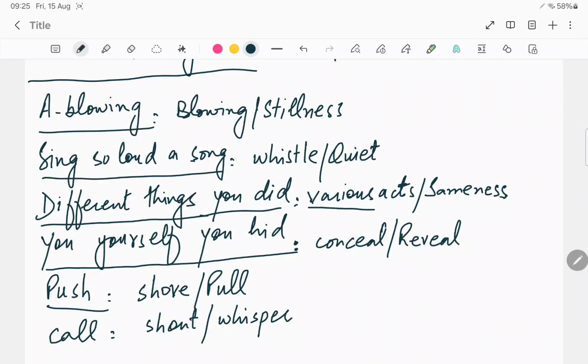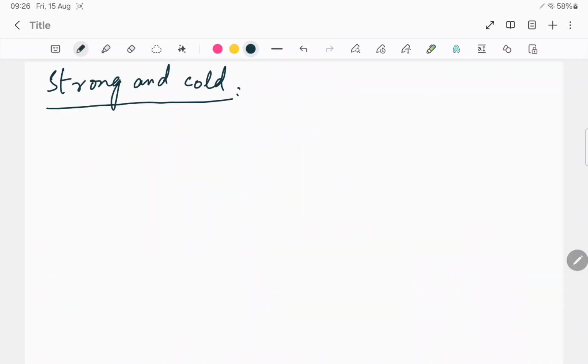So how can you use this word call in our sentence? I believe it is easy. Shall I do it, or I believe you can do it yourself? Okay, let me do it for you. Just one sentence. The shepherd gave a loud call to his flock. Or, I called my friends to be attentive. So that is how we can use this word in our sentence.